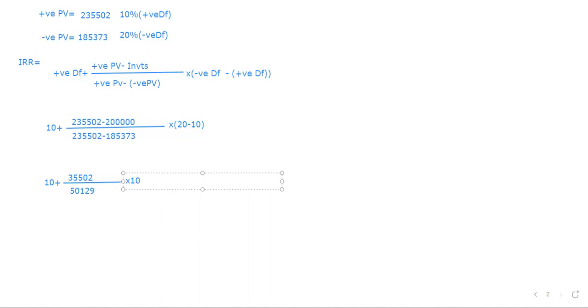Now we are going to divide it and find out the answer. 35,502 divided by 50,129. So the answer is 0.708, so I can make it 0.71. So that is what I'm making here: 10 plus 0.71 into 10.